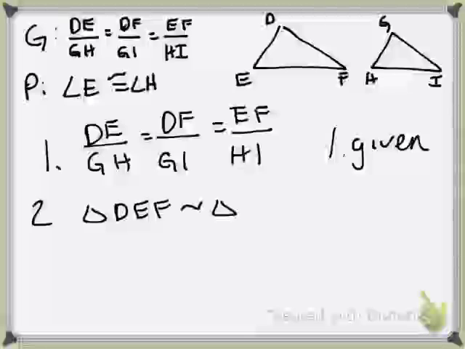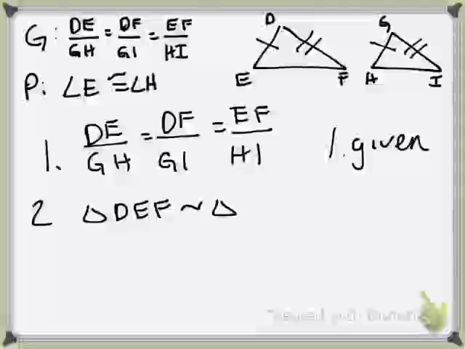DEF is similar to, now again we need to be careful here when we name these. I'm going to use tally marks on the pictures to denote which are matching with which. Usually we just do that to show congruence, but I'm trying to name here, so I'm going to show what matches with what. So according to the fractions, DE matches with GH.